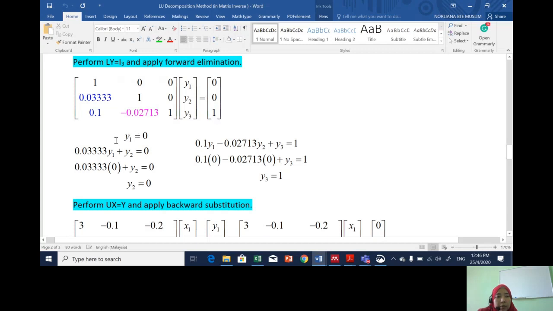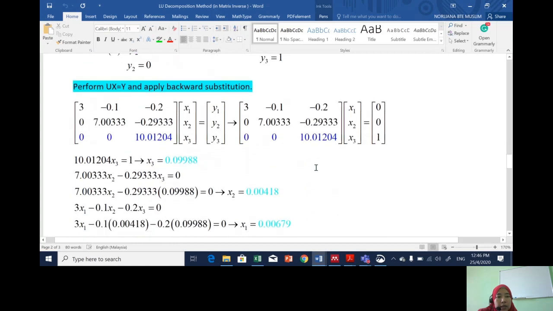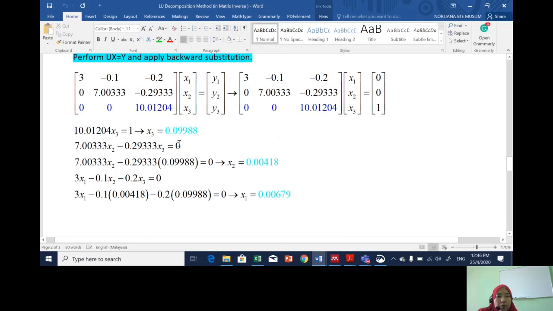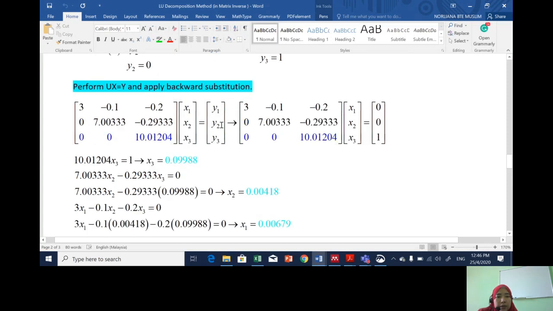And then we apply forward elimination. We have Y1, Y2, Y3. After we find these three values, this is the last step: perform Ux equal to Y and apply backward substitution.